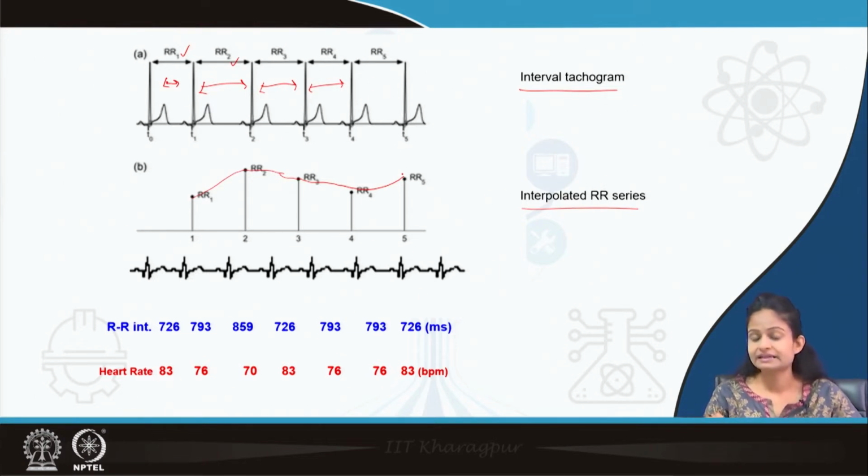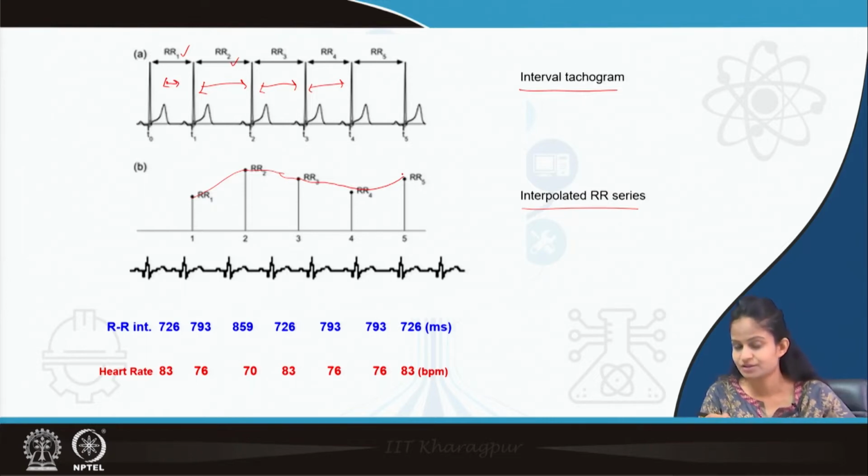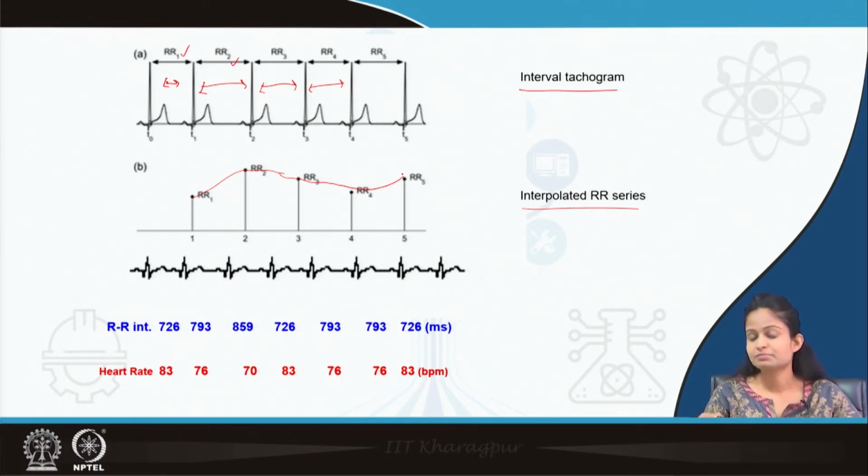The basic thing is that heart rate variability is mainly due to the tug of war between the sympathetic nervous system and the parasympathetic nervous system, which gives rise to variation in the heart rate. Because of this variation, the person is normal.